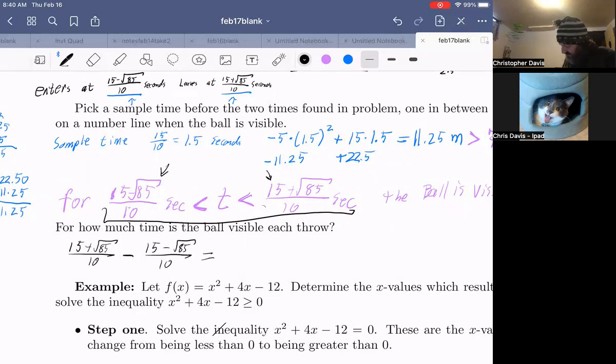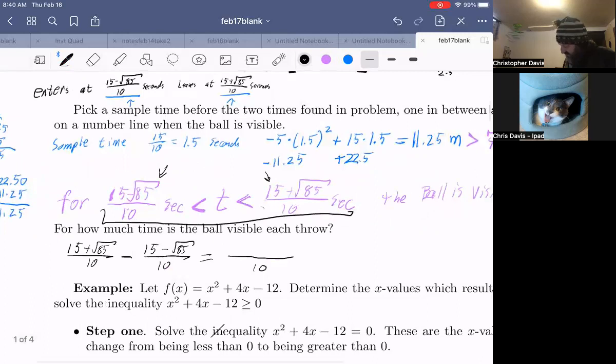Let's compute that. It looks like I have a common denominator already, so that's good. It's all over 10. And how do you subtract fractions? Well, you subtract the numerator, so I guess I should distribute this negative sign into the numerator. So that's 15 plus root 85 minus 15 plus root 85.